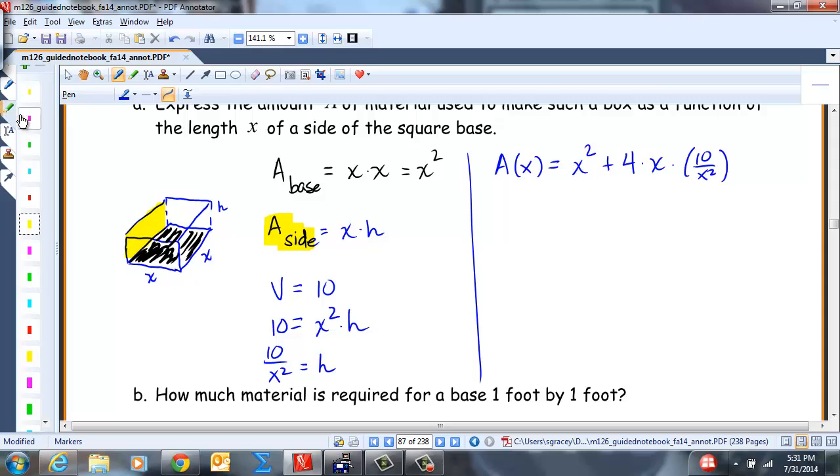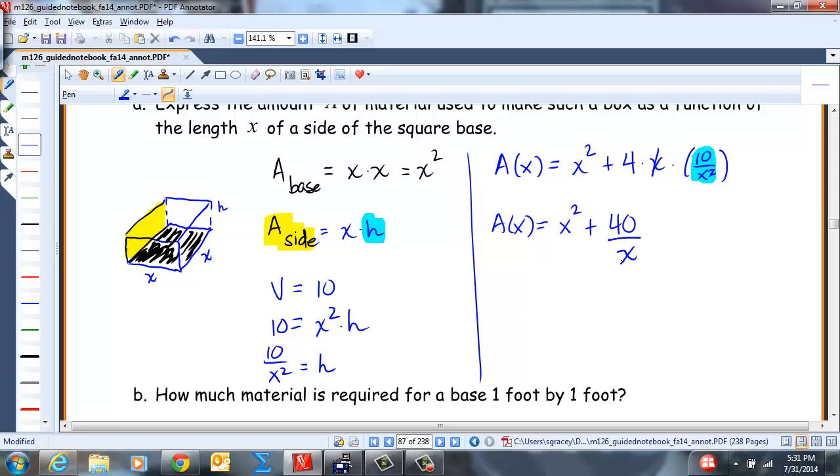So in for h, we're plugging in 10 over x squared. So now area in terms of x alone is x squared plus 40. We can divide out one factor from the bottom and that x in the numerator, so we get 40 over x. And we're done with that part.